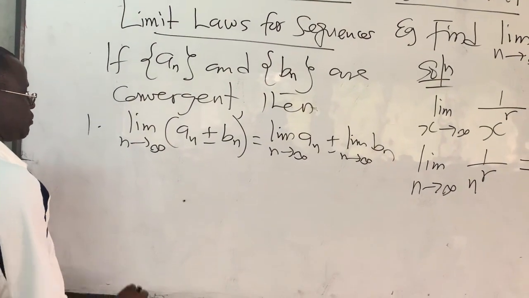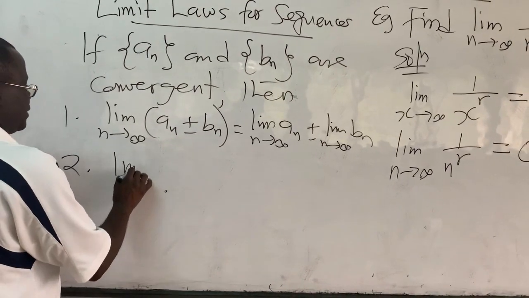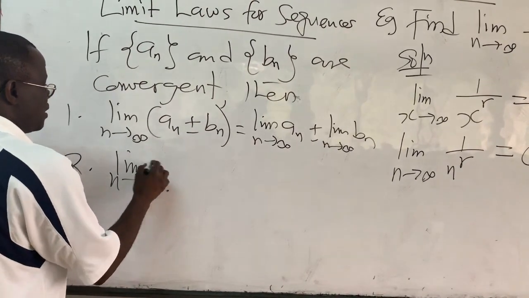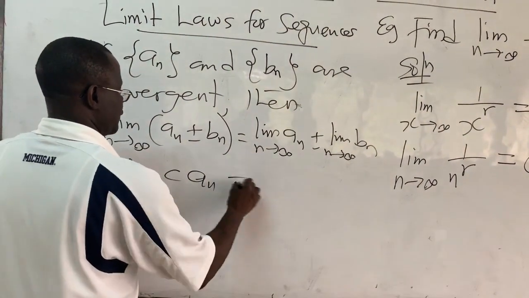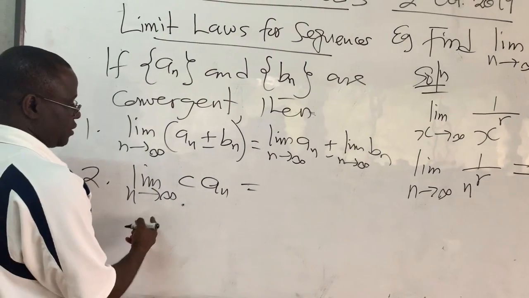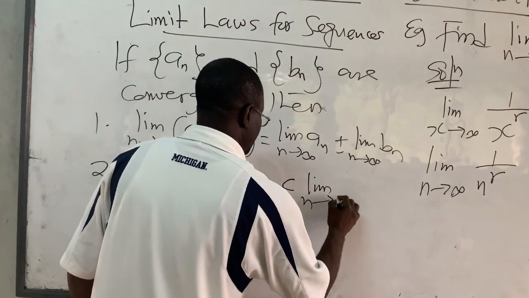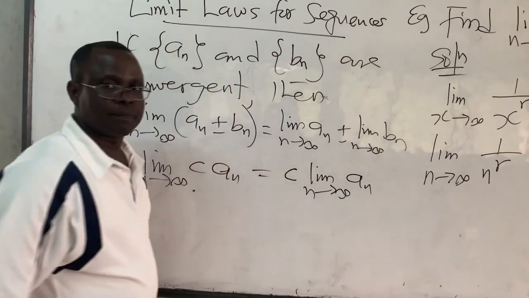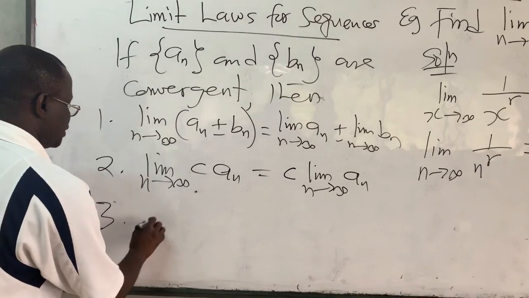They are approaching a number. Another important one is if I have the limit as n goes to infinity of, let's see, with some constant c, of c times a n, then of course I can just pull c out of the limit and find c times the limit as n goes to infinity of a n.